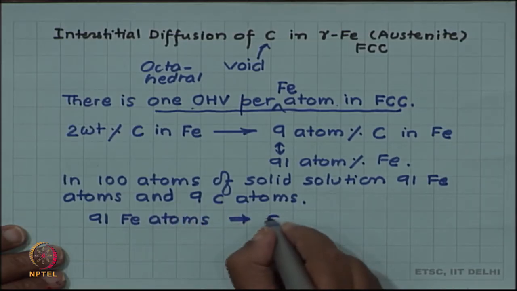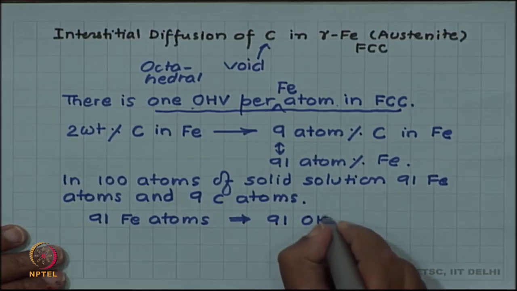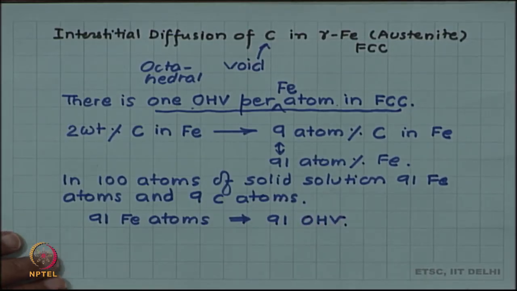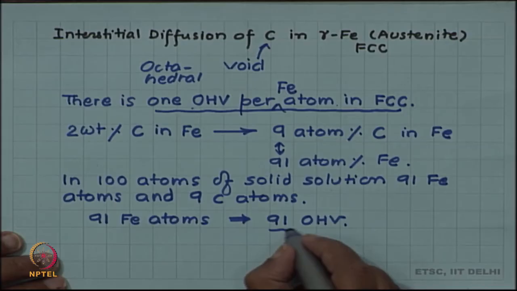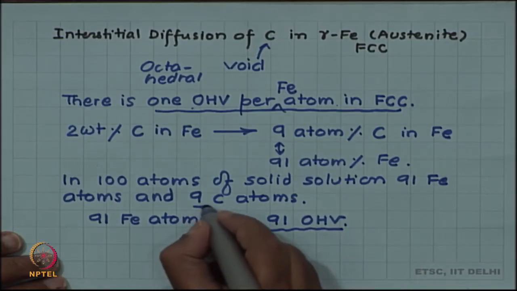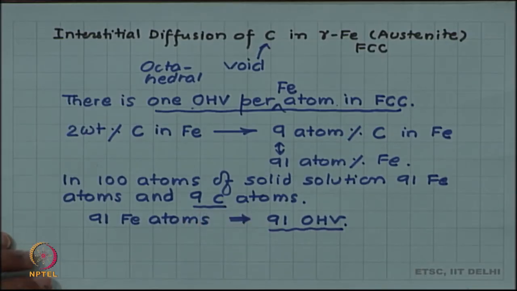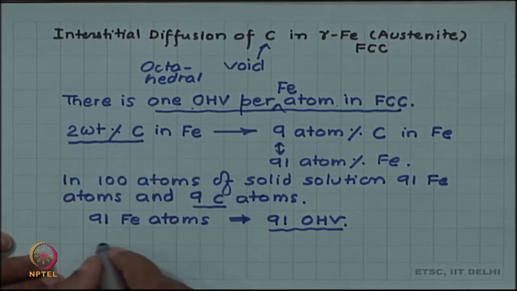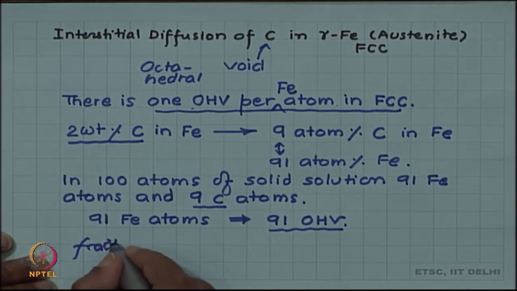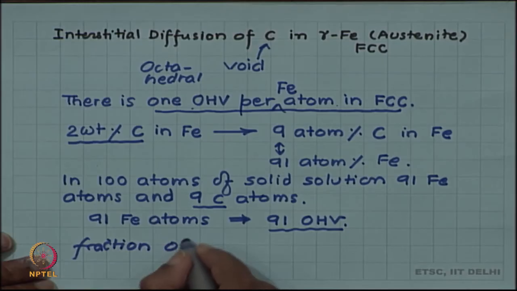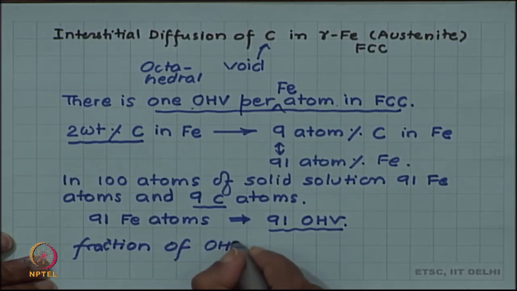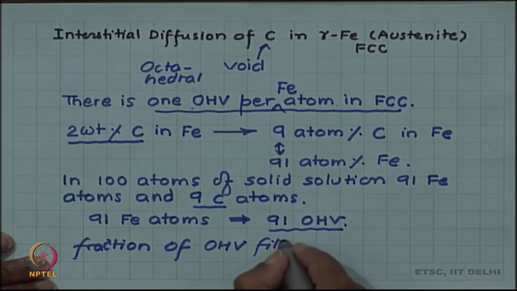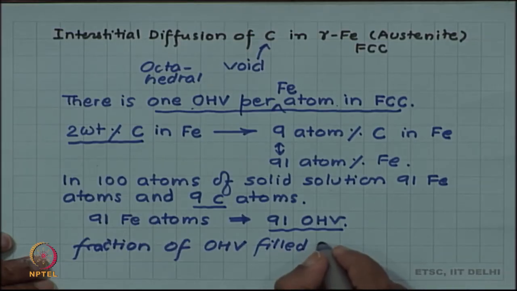Atoms will imply 91 octahedral voids. So, you can now see you have 91 octahedral voids, but only 9 carbon atoms. So, even with the maximum concentration, only the fraction of octahedral voids filled is 9 by 91.